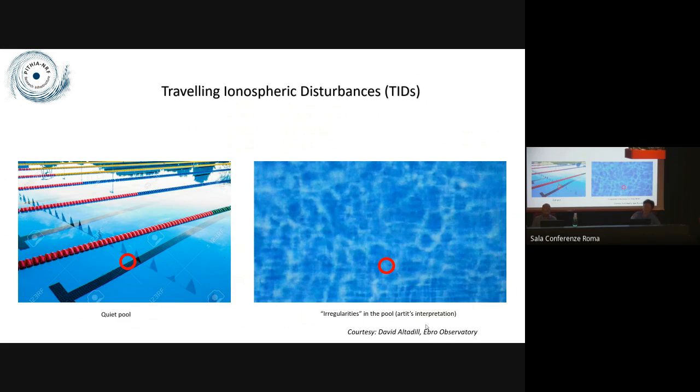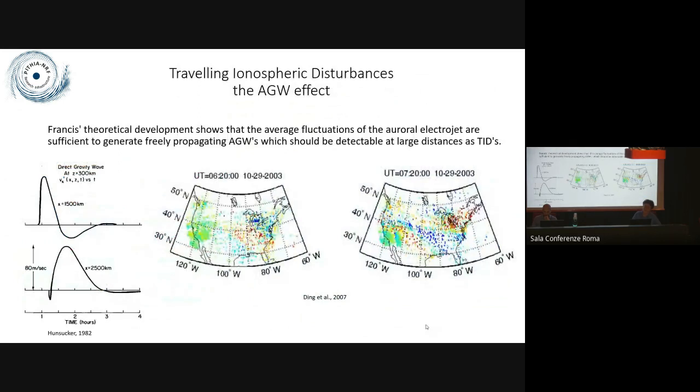TIDs and even worse as large-scale TIDs. Now, large-scale TIDs were predicted decades ago by Francis, who showed that the average fluctuations of the auroral jet are sufficient to generate freely propagated atmospheric gravity waves, which should be detectable at large distances as traveling ionospheric disturbances.